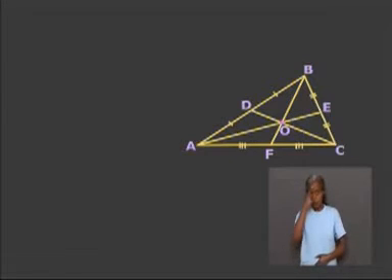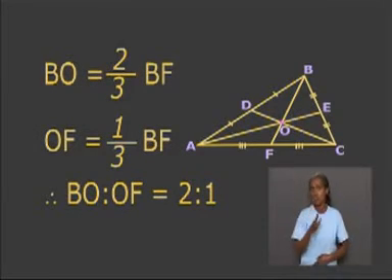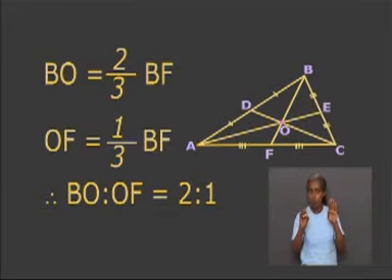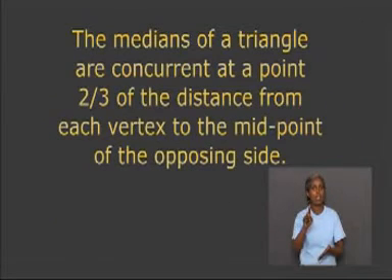I am confident that you can now predict the ratio of BO to OF, students. BF is 2/3 of BO, and BF is 1/3 of OF. Therefore, the ratio of BO to OF is 2:1.